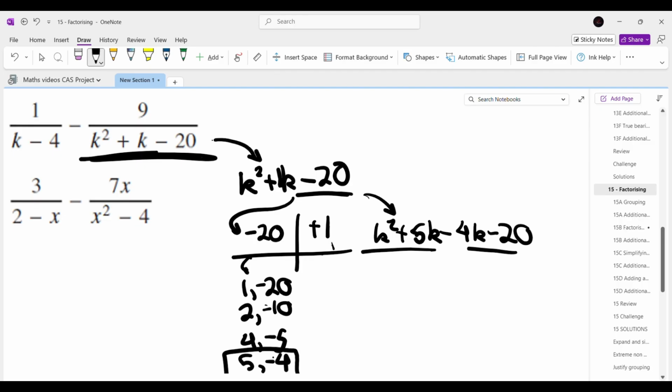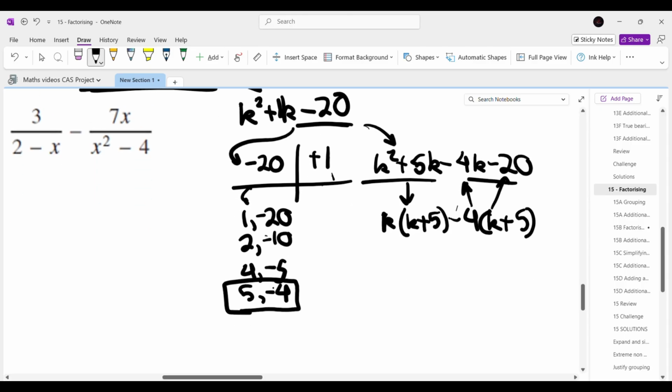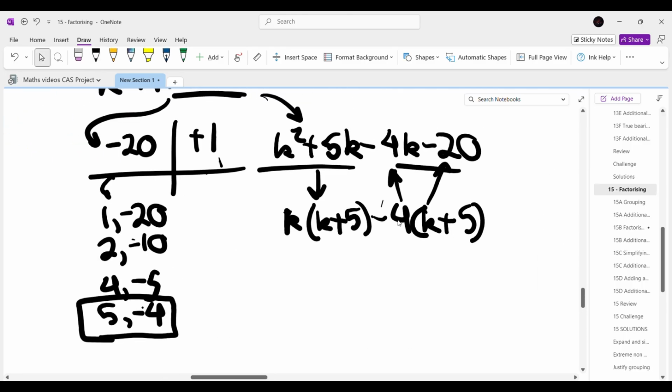Now we just simplify. We can take k out of this first one to end up with k plus 5. Then we can take minus 4 out of the second one to end up with, obviously it just becomes positive, because if we multiply the negatives back in, it becomes negative 4k and negative 20. So we just end up with our two factors of k minus 4, k plus 5.